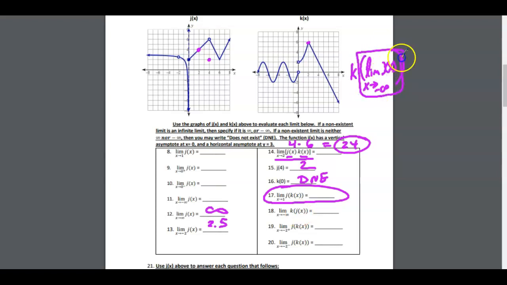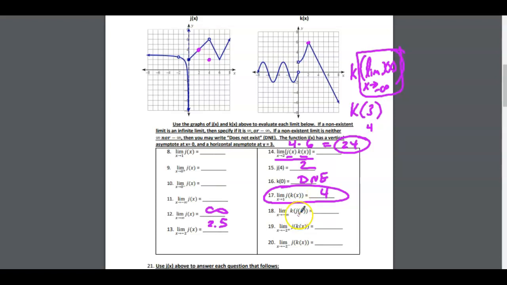So we're going to find the limit of j of x at negative infinity. Now we did that earlier. The limit of j of x at negative infinity is 3. So that means we really just want to find what is k of 3. K of 3 is 4. So the final answer there would be 4.